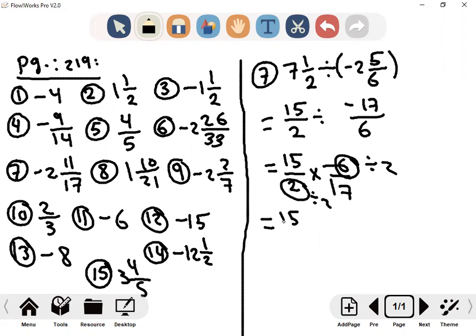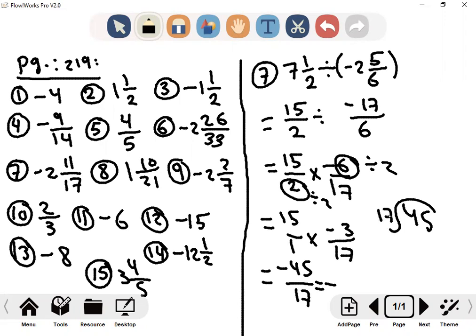This will be 15/1 multiplied by -3/17. 15 by -3 is -45. It equals negative, and we make the division, 45 divided by 17. 2, 34 subtract, 11.